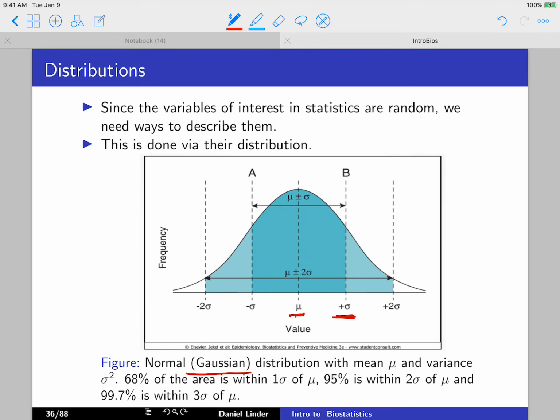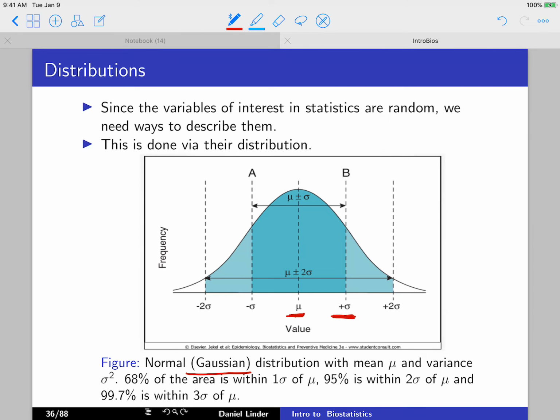So for instance, if sigma were to get larger, then the curve or the density function of this Gaussian distribution would become flatter and flatter, eventually flattening out to a horizontal line. If this sigma gets smaller, then the curve of the normal distribution gets more and more peaked. So essentially you have less and less variation. Everything would be concentrated more around the mean.